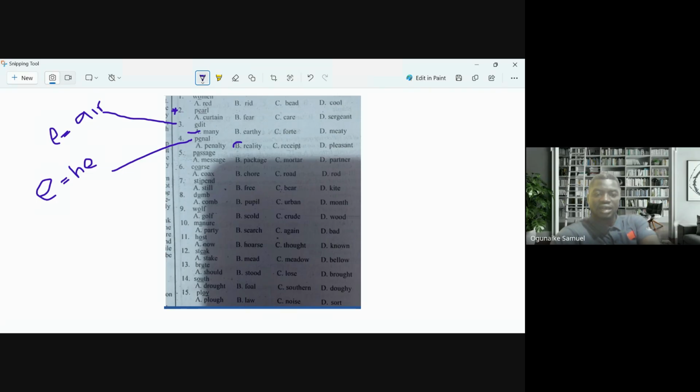The A sounds as A. So this is number five now. The A sounds as if something bad happened. Somebody can say "passage". This one now, you see the A with the year now, and the A with the year.